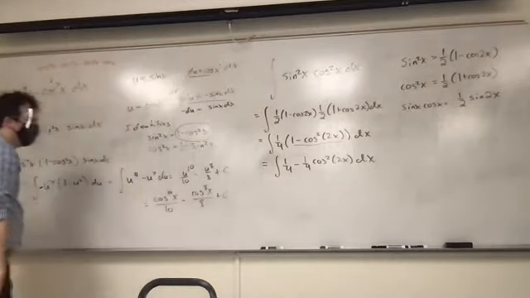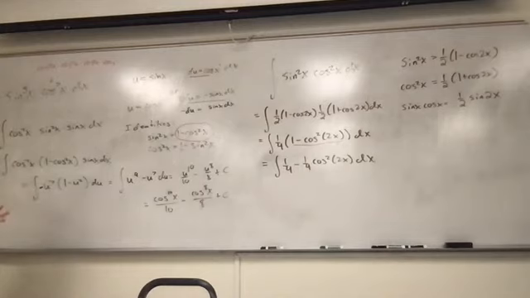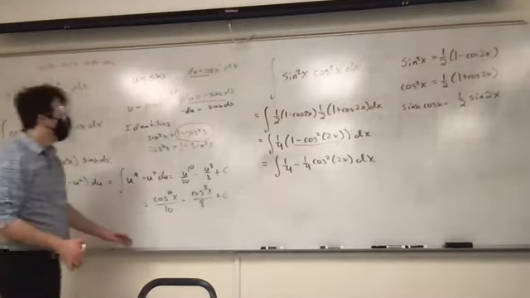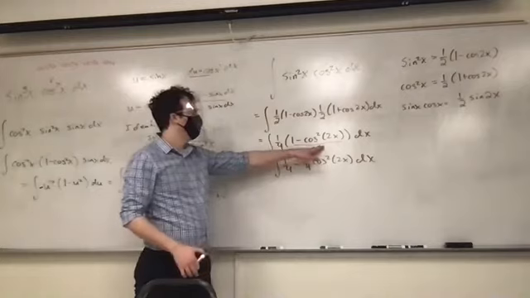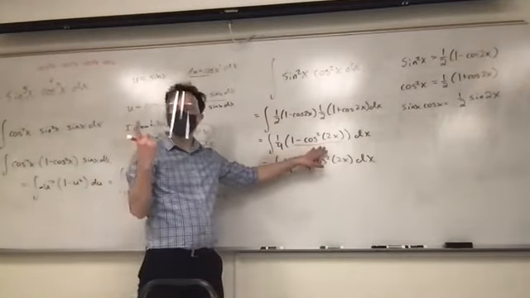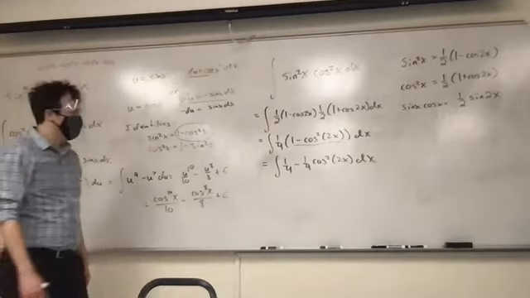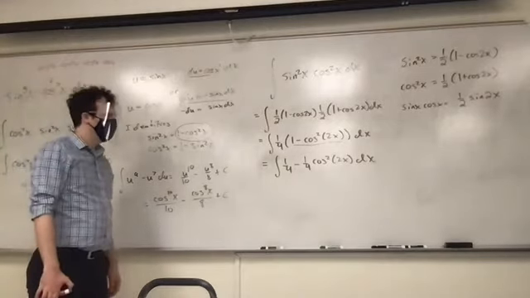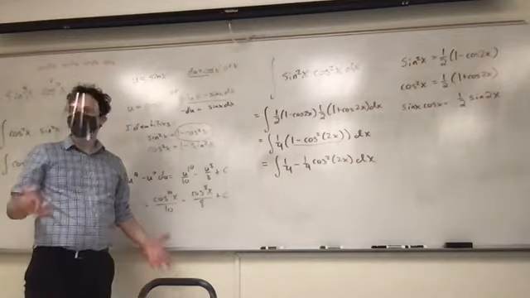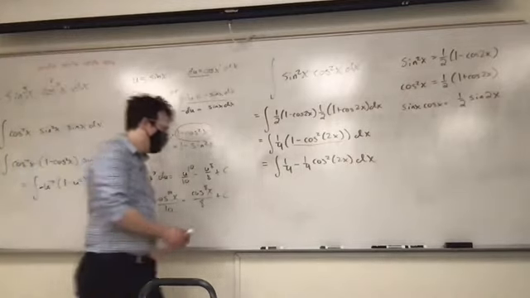So one thing that you can do is turn this into sine squared of 2x. So that's one thing we can do. Even if you had sine squared of 2x, we would still have to figure something out, but that's a direction that you can go.